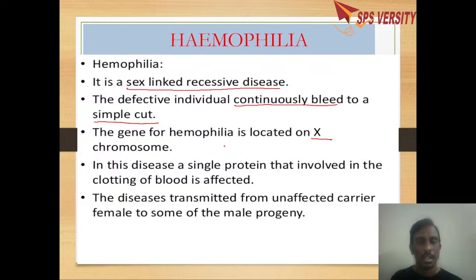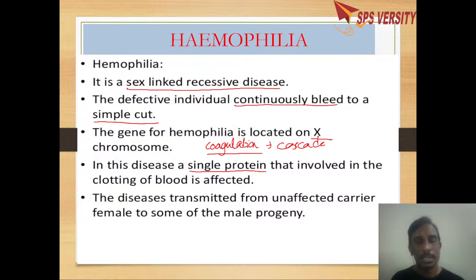If you take the process of coagulation of blood, so many proteins are involved in this, a cascade, a sequence of proteins. One protein that is involved is affected. Due to this, the coagulation doesn't take place.